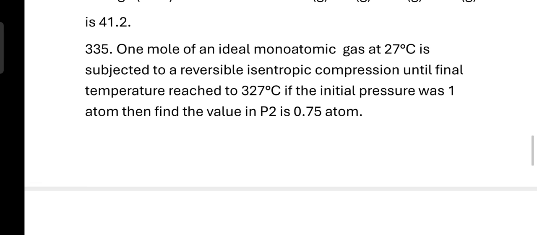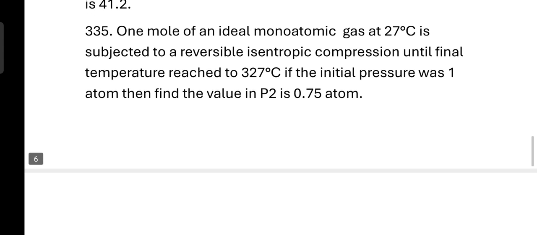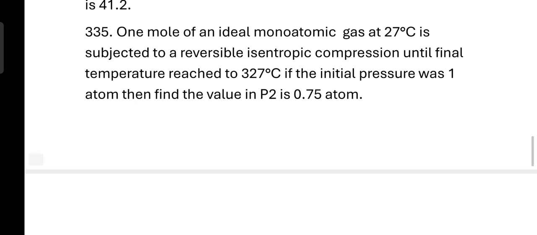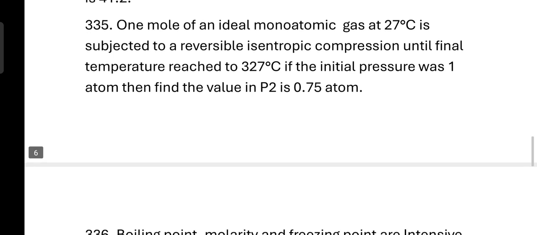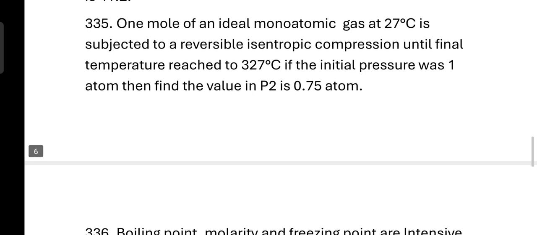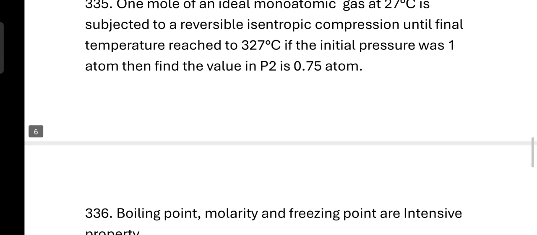1 mole of an ideal monoatomic gas at 27 degrees Celsius is subjected to reversible adiabatic compression. Final temperature reached is 327 degrees Celsius.